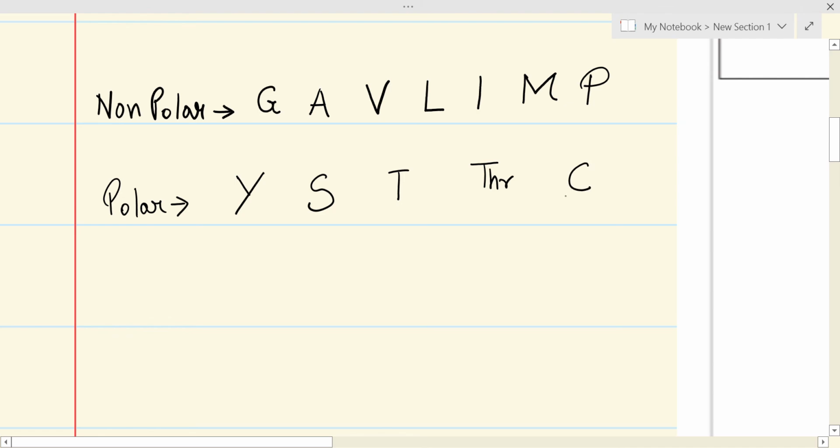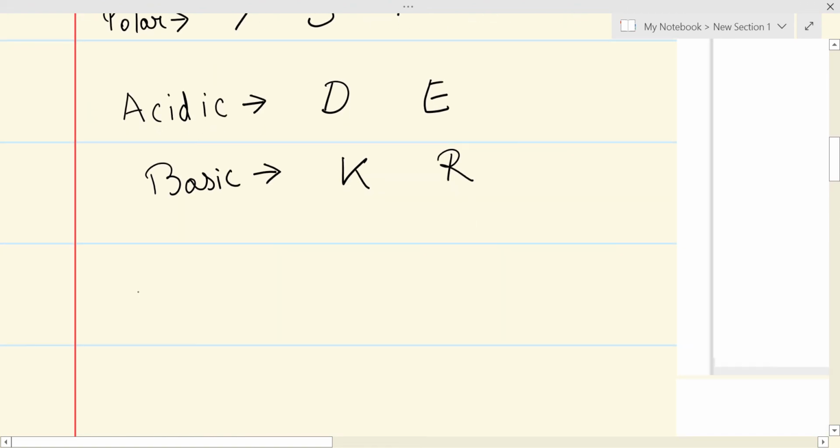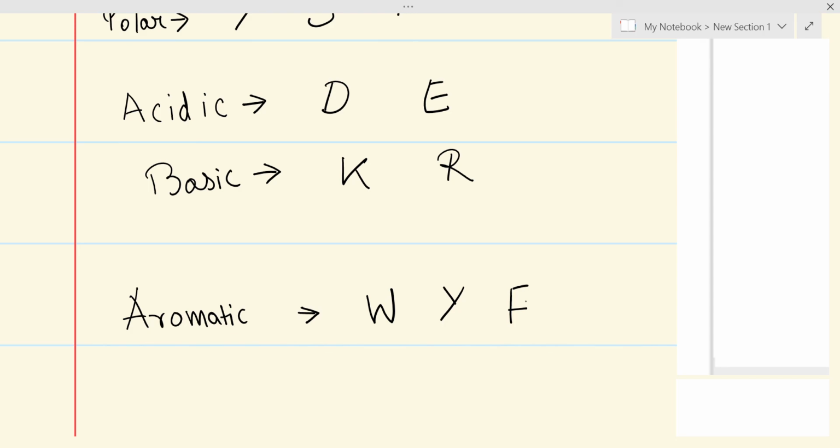Then acidic amino acids: aspartic acid, glutamic acid. Basic amino acids: lysine and arginine. Then aromatic amino acids: we have tryptophan, tyrosine, phenylalanine. So I have written all of them.